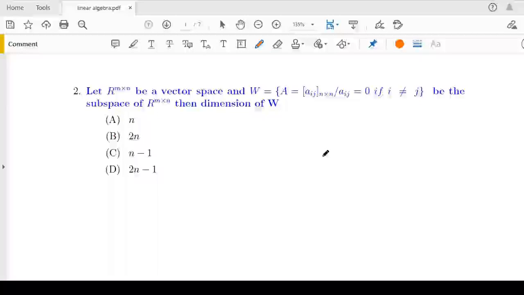Given that W is the set of, let us assume that n equals 3.